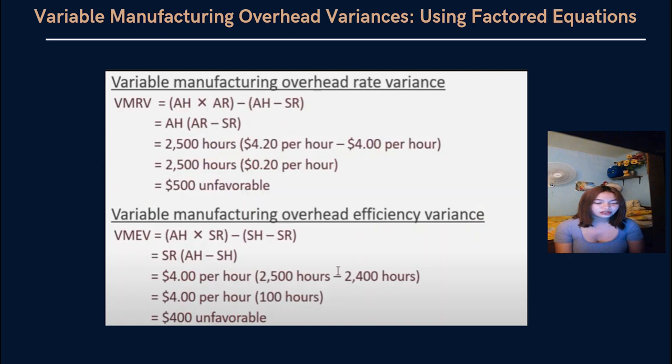Variable manufacturing overhead efficiency variance is equal to $4 per hour times 2,500 hours minus 2,400 hours, which is $4 per hour times 100 hours, equal to $400 unfavorable.